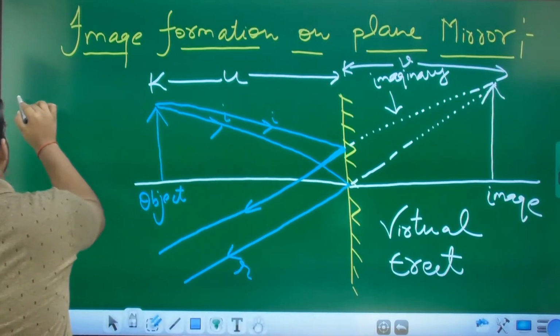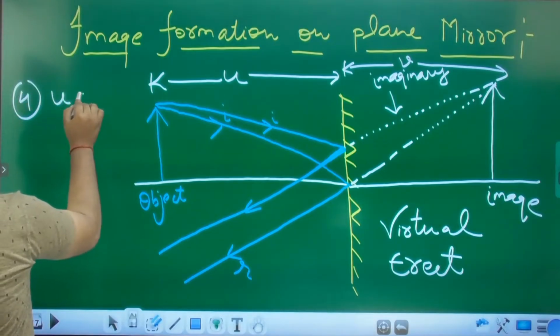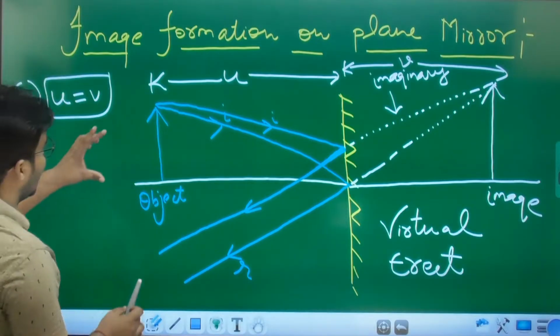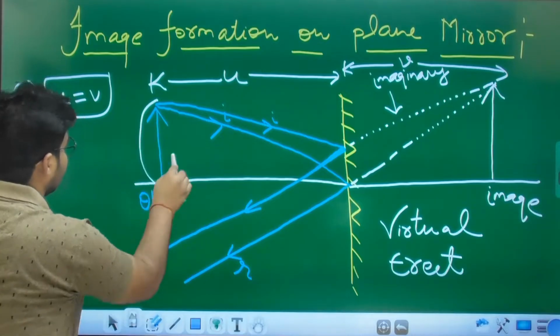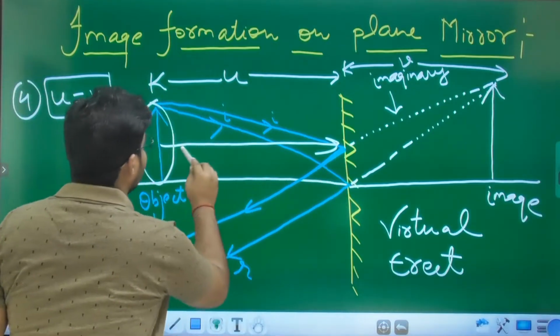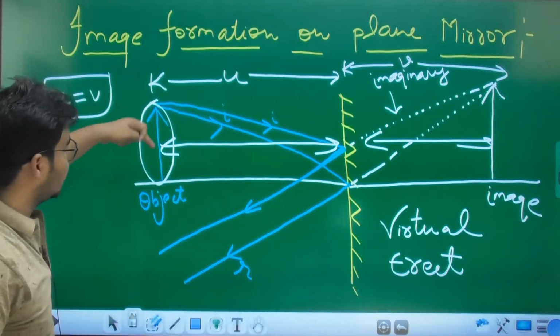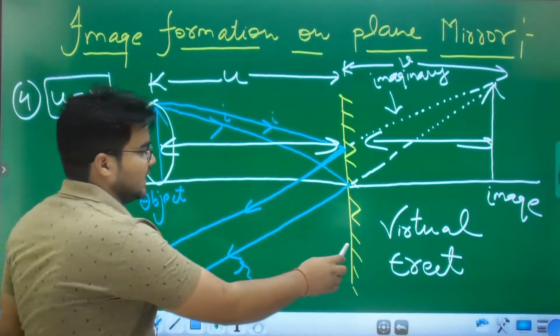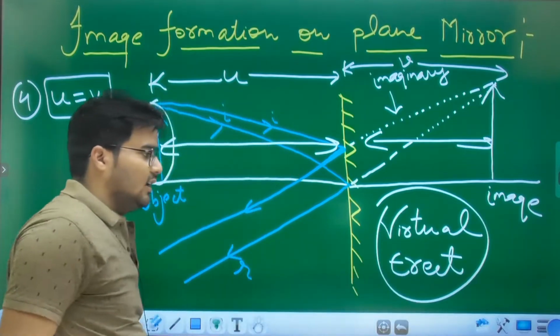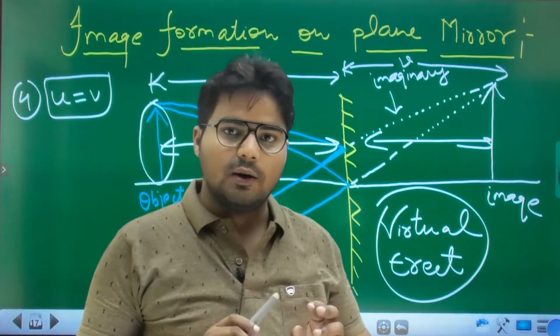So the fourth condition is that u is equal to v. If the object is here, the distance between the mirror and the object is also equal to this one. You see that size is also equal, nature is virtual and erect. Clear? So these are all the conditions you have to study.